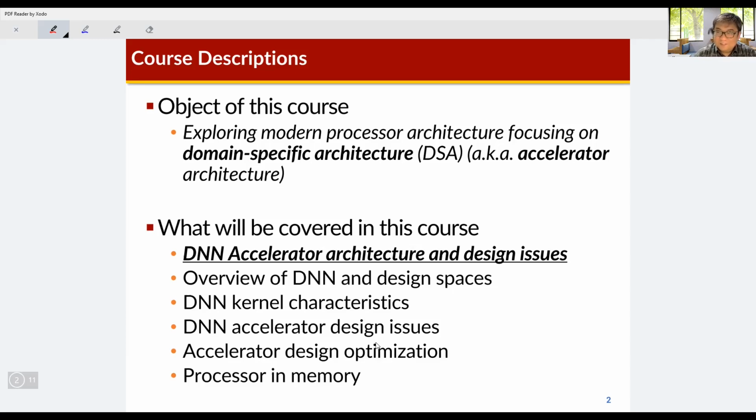In order to design a specific processor, it's very similar to an ASIC or some chip, we need to understand the algorithm of some domain or the algorithm of an application.